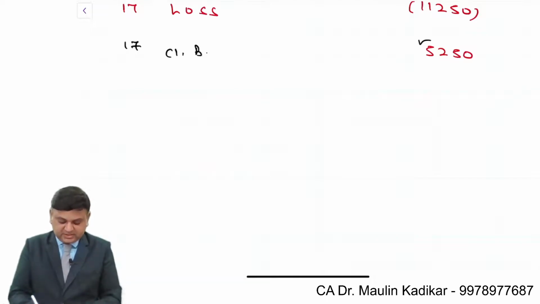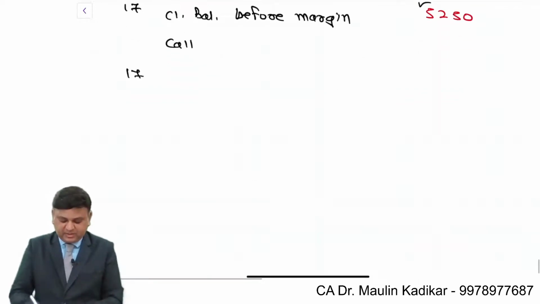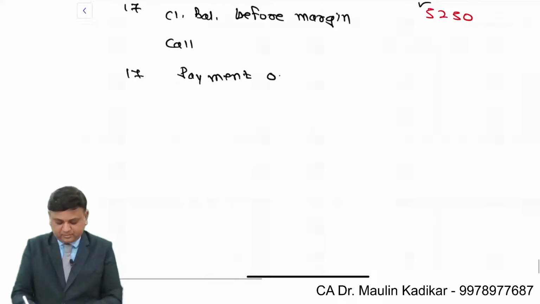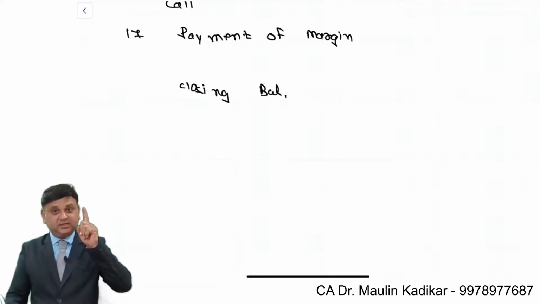So the closing balance before margin call. So on 17th, payment of margin, the margin will be paid for such an amount so that the closing balance is equal to initial margin.